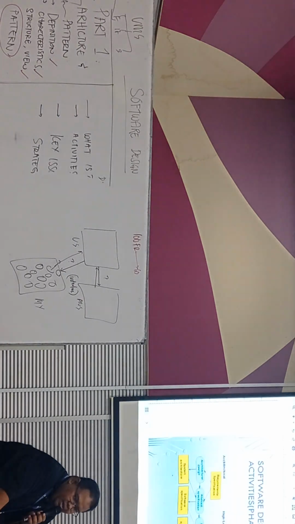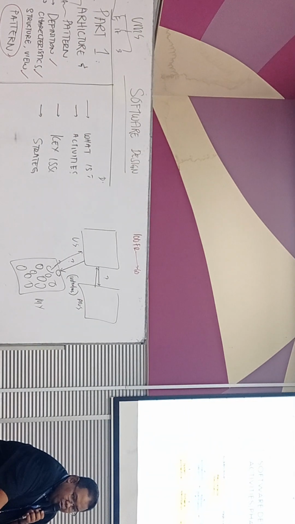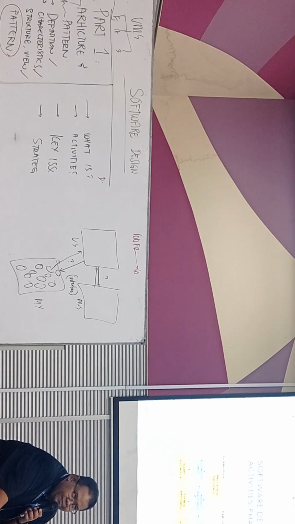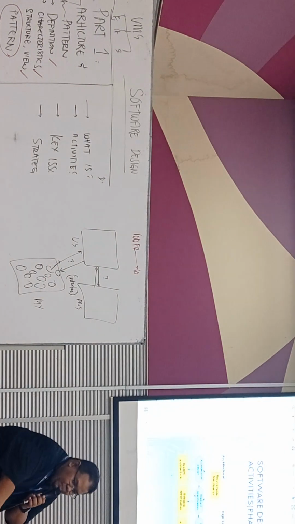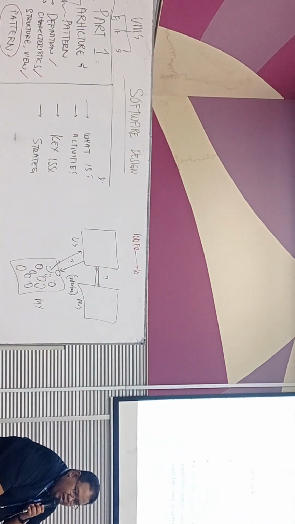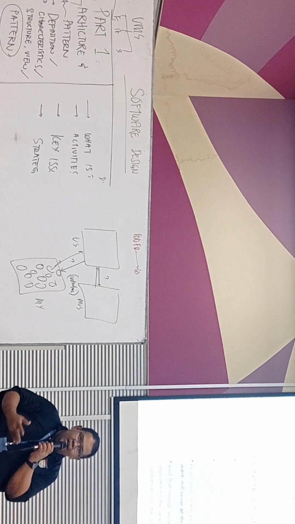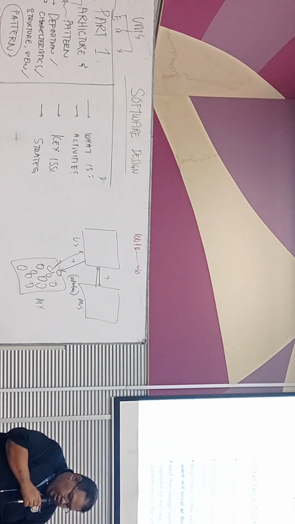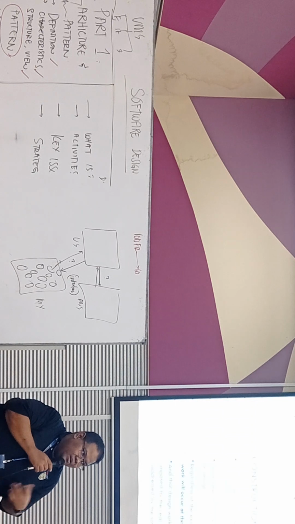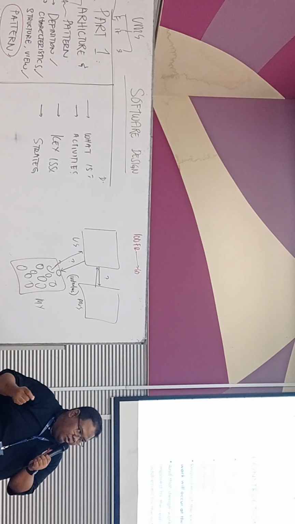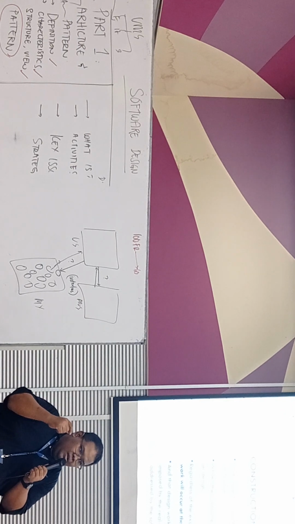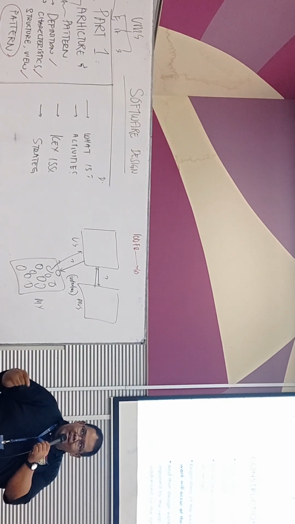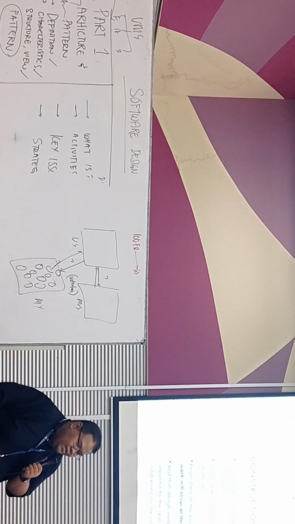Remember I said these last two here, data structure design and algorithm design, even though they are considered as the low level detailed design category, actually their real name is construction design. They are supposed to be called construction design. Why construction design? The moment you talk about pseudocode, the moment you talk about algorithm, the moment you talk about data structure, you are touching on coding already. So we call it construction.